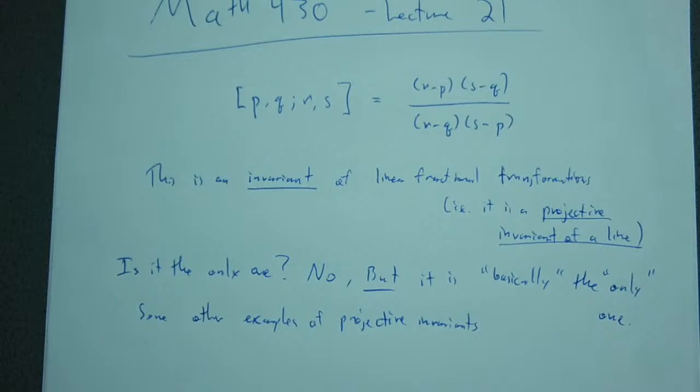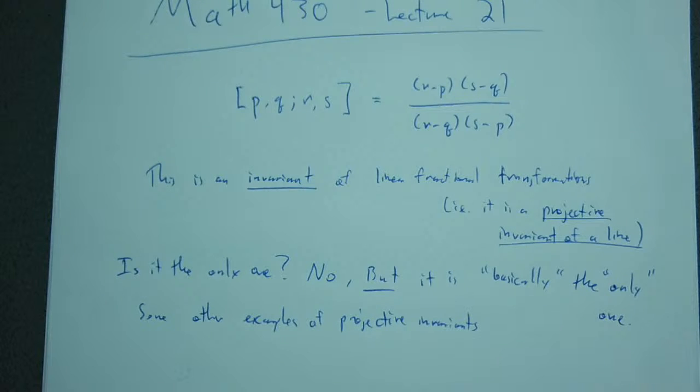So what quantities in Euclidean geometry are invariant with respect to the isometries of, say, R2? The notion of length, the notion of angle.